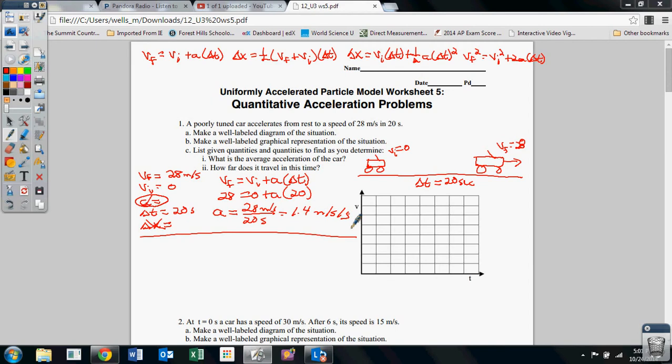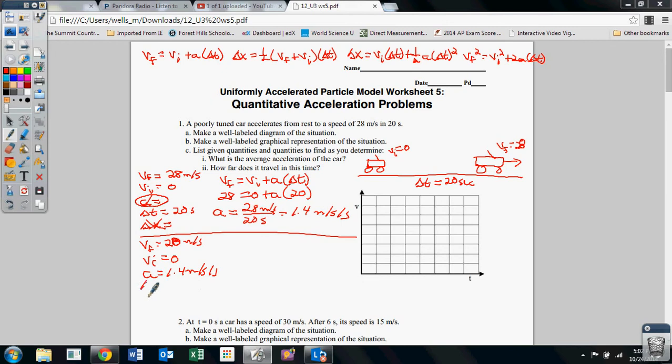The other question they ask us to do is how far does it travel? So we've got the same list of variables. So final velocity of 28 meters per second. We've got an initial velocity equal to 0. We now know the acceleration is 1.4 meters per second squared.